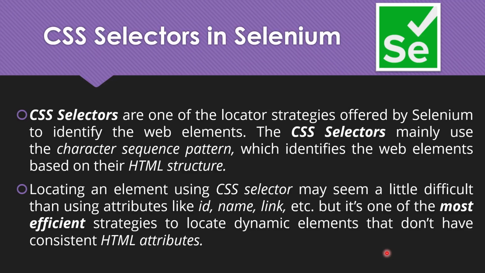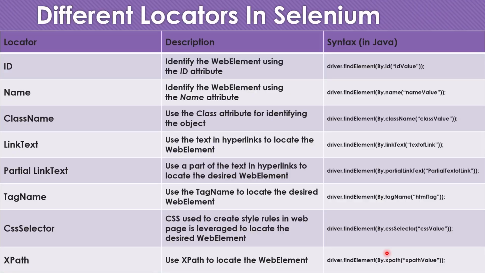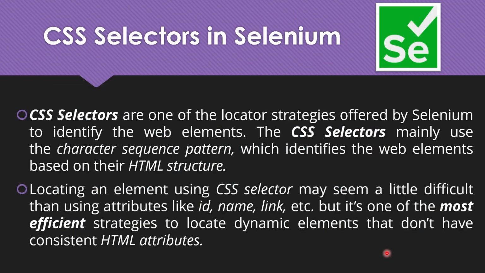Hence, we cannot directly use locators like ID, name, link, partial link, etc. It is very difficult to do with those other locators that you see here. Okay, therefore, in that case, CSS selectors come to our rescue. They help us to dynamically identify those web elements and makes the life of automation testers very easy.